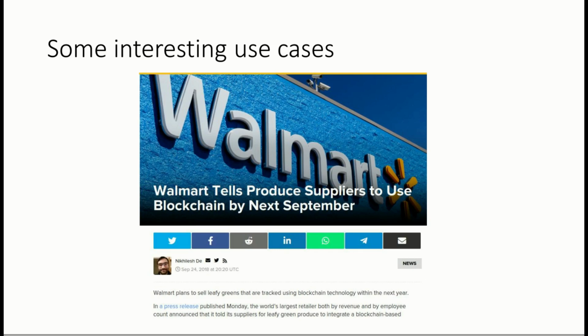It really took a while for retailers to see the value. And what really transformed RFID from an obscure technology to something that has become an industry standard was in 2007, Walmart told all of its suppliers, hey, if you want to be able to sell your products in our stores, they have to be RFID tagged.